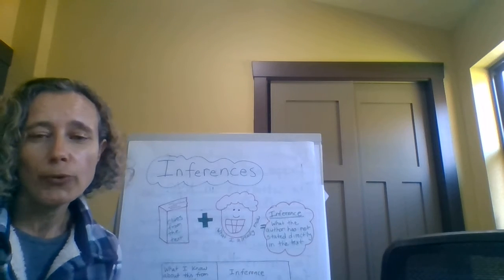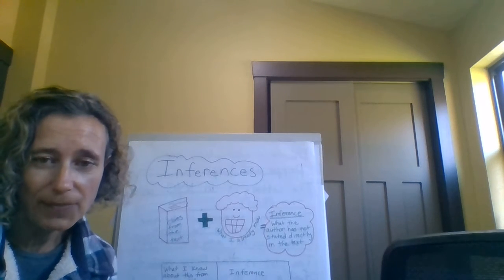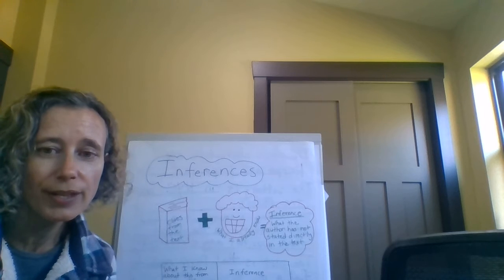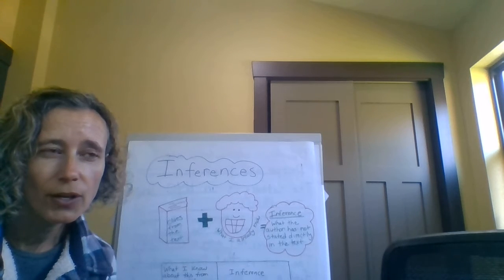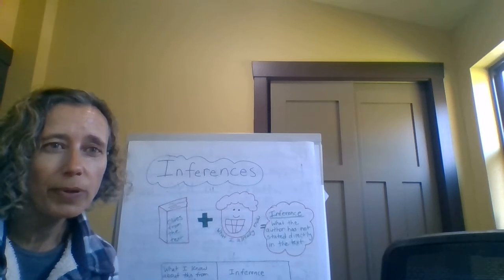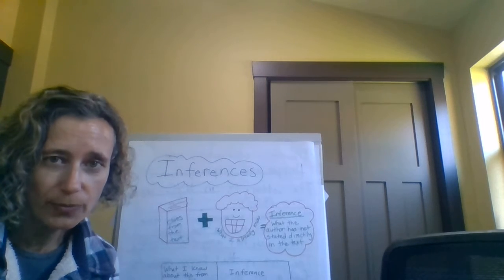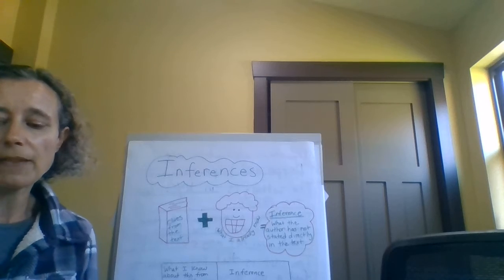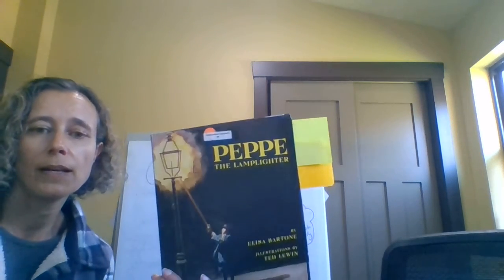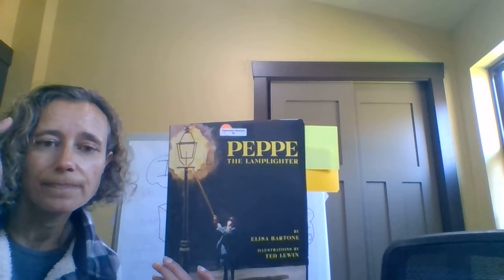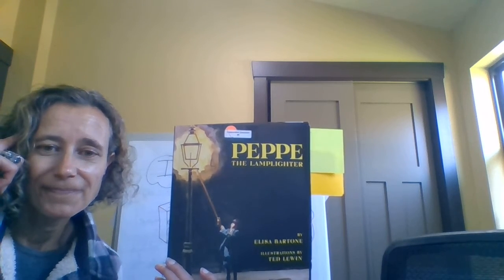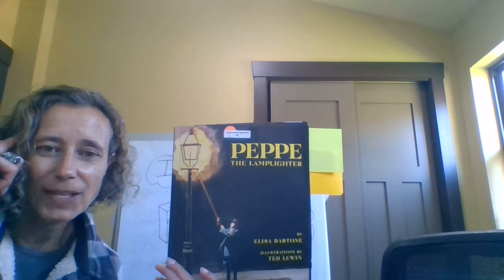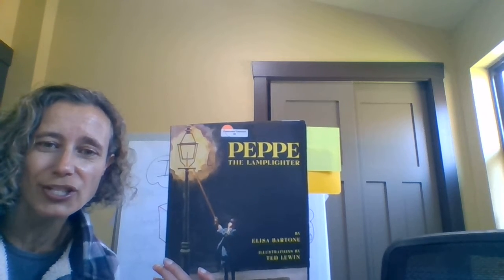Before we start inferring, I would like you to think. We studied plot last week, so I want you to think about the plot for Pepe the Lamplighter. What do you remember about the plot? Go ahead and turn and talk to your partner.